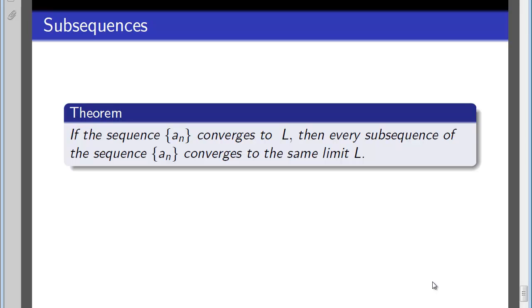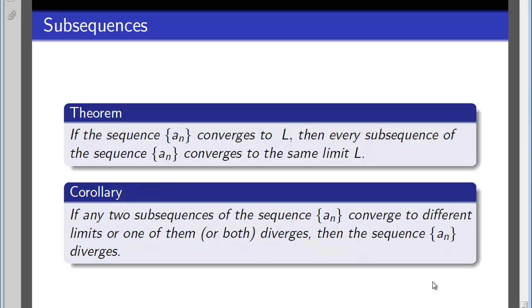One of the basic ideas, given by the theorem, is that if a sequence converges to a number L, then any subsequence of the sequence converges to the same number. On the other hand, as a corollary, if any two subsequences of a given sequence a_n converge to two different limits, or if one of them or both diverge, then the sequence a_n diverges.